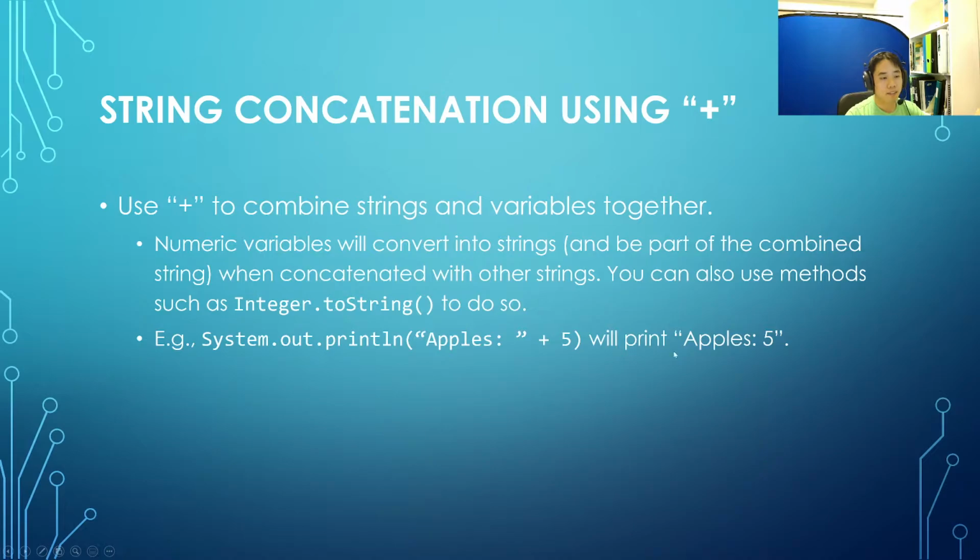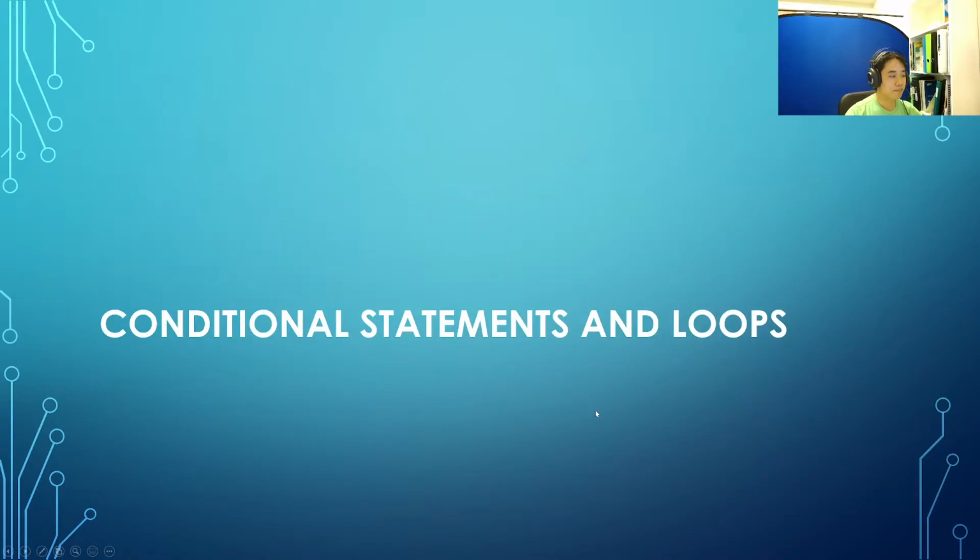So do take note of that. For example, if we have apples concatenating with the number 5, then we have apples 5. It's kind of a surprise maybe for some of you, but this is useful and very convenient, and I love it.